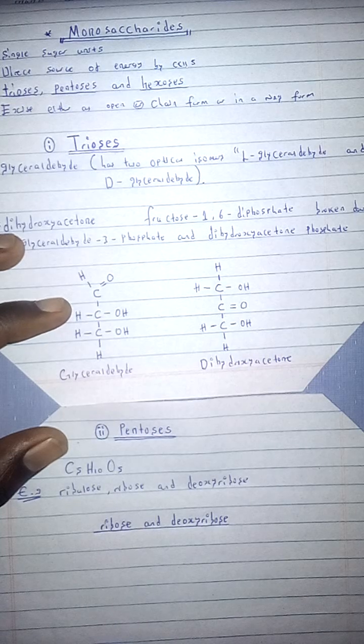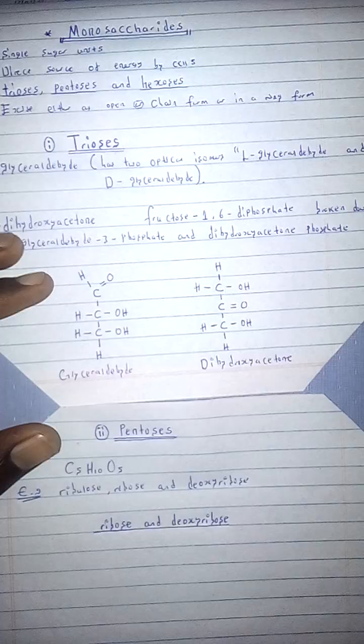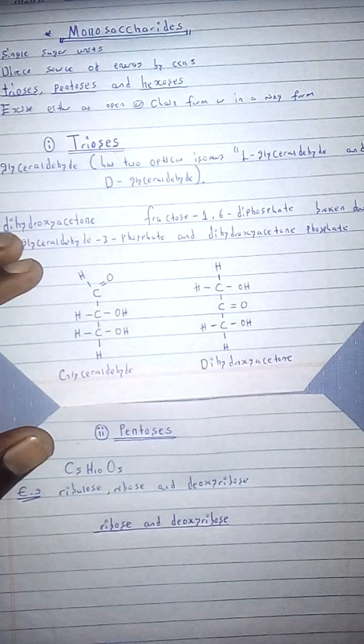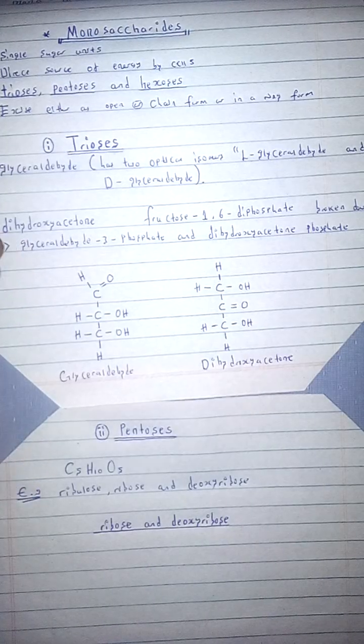We also need to take note that when carbon number 2 has one OH group and one H atom, the result is ribose. And when it has two hydrogen atoms, the result is deoxyribose. That is actually the difference between ribose and deoxyribose.